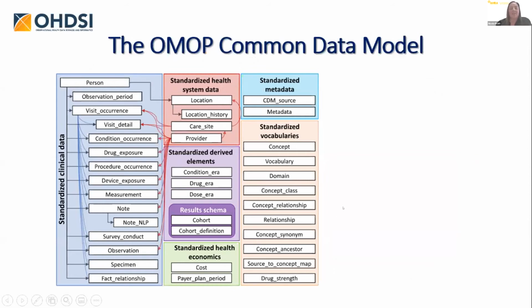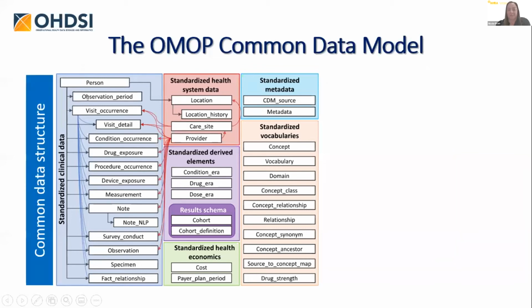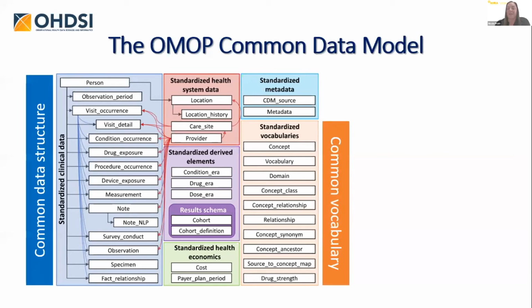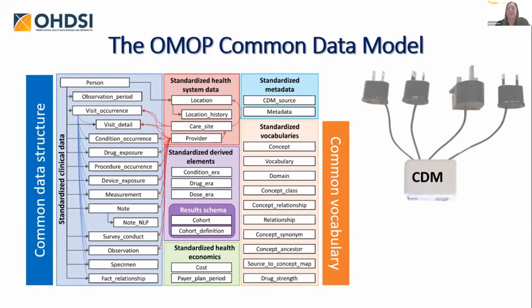This is the common structure. We have a person table and all the clinical data elements attached to that person. So everything has a place in the common data model. We use a common vocabulary, which means that we have the same language across the different databases that have been translated into the OMOP common data model.